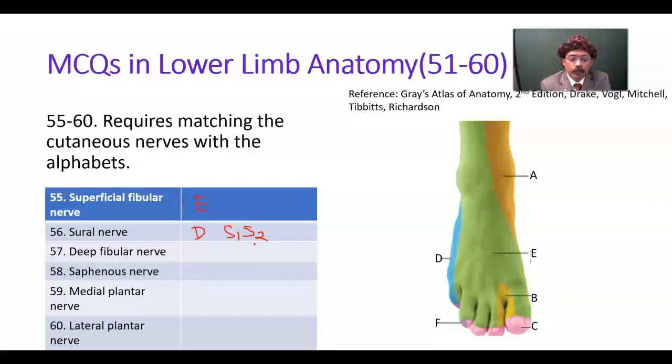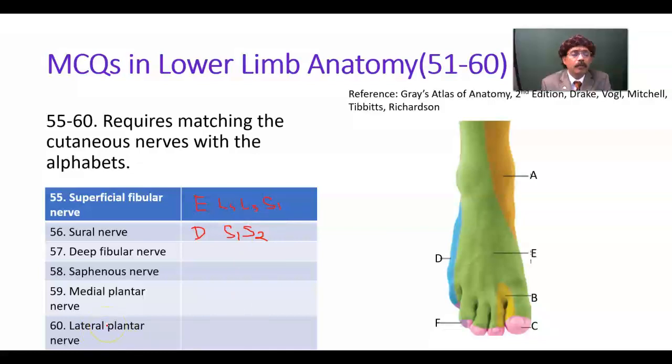Then we have the superficial fibular nerve. Its root value is L4, L5, S1. Okay, we got that.